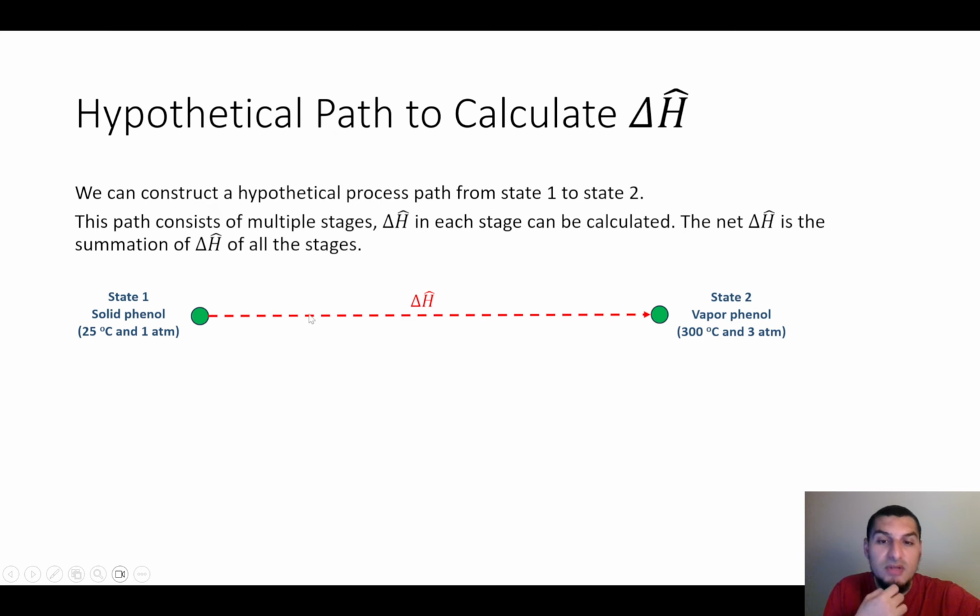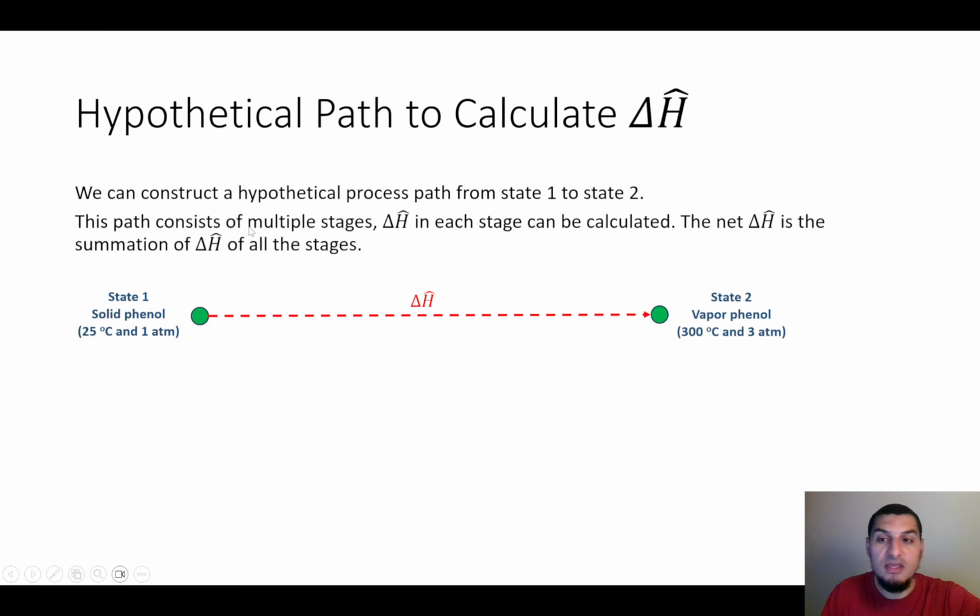So if we can calculate it with a single stage, then it's fine. If we can break this into different stages and then get the summation of the stages so that we can get the difference between the enthalpy here and the enthalpy here, it's also going to be fine. Again, because this doesn't depend on the previous history. It doesn't matter how you reach this point, as long as you reached it.